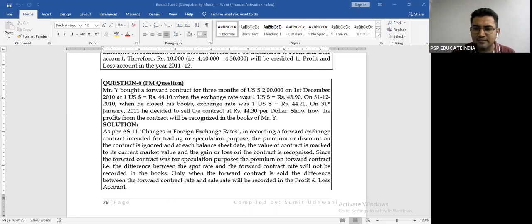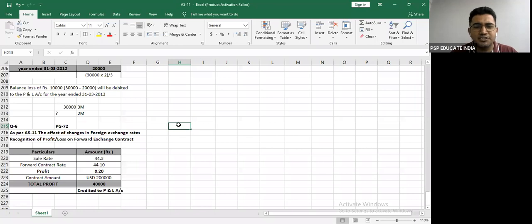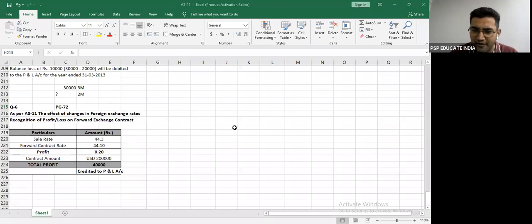Which clearly means that you have no limits on your loss. But when you enter into a forward contract, in that case you know the maximum limit to which the loss is restricted, right? Now on the other hand, if I enter into a speculation transaction, मैं बैंक को कहता हूँ आप मुझे क्या रेट दोगे, बैंक कहता है 70 rupees. Bank tells me that I will give you the rate of 70 rupees. Now, I don't know whether the rate will increase or it will reduce.